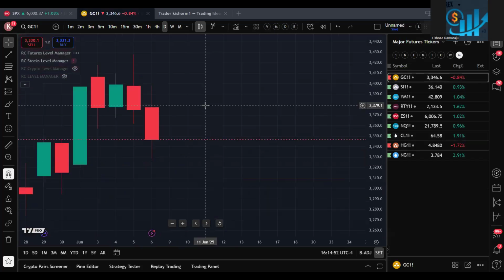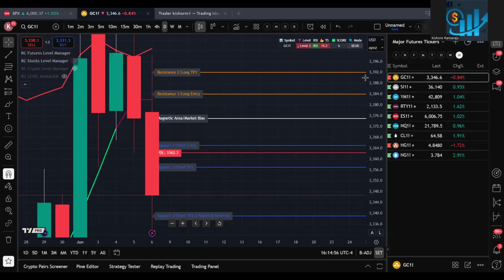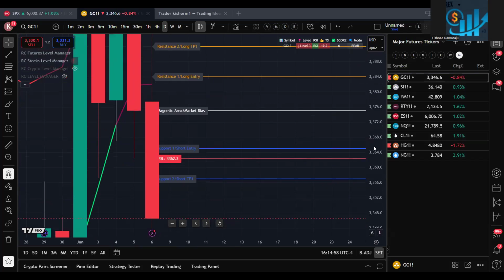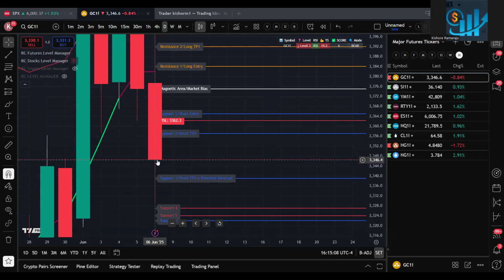Now if I go to gold, right, your open was a little bit above the magnetic area. This is your magnetic area. Your open was here and your close was here. So is this scenario two or scenario five?